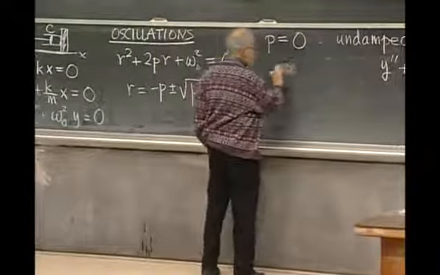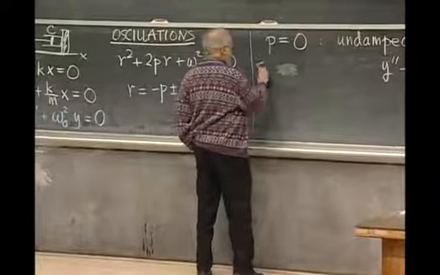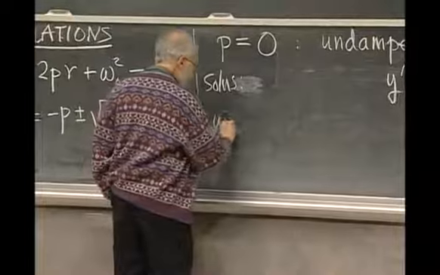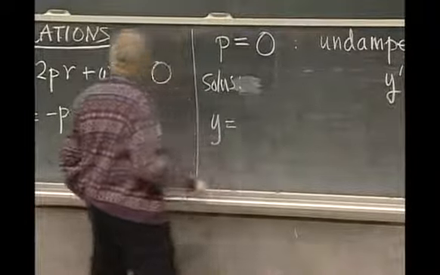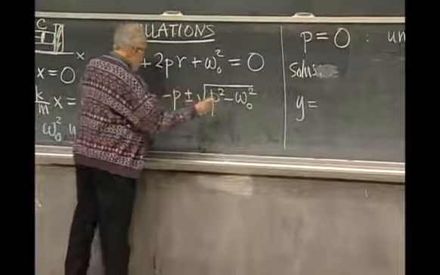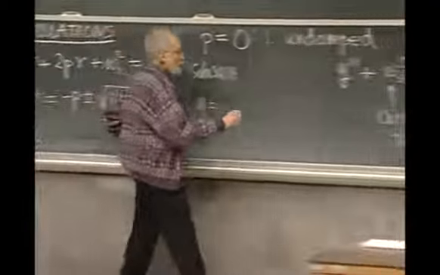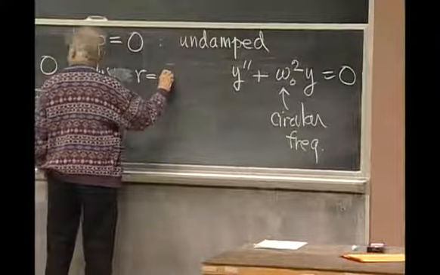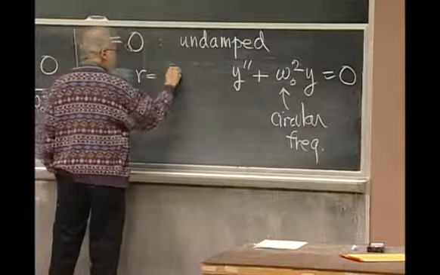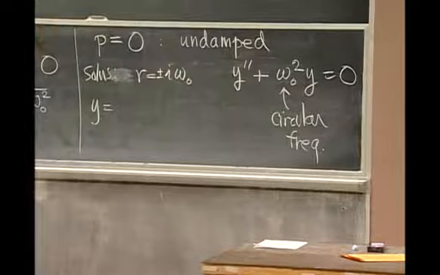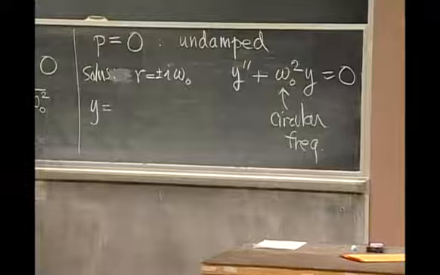Now, the general solutions look like y equals, in this particular case, the p part is 0, so r is equal to plus or minus omega naught times i, but as before, we don't bother with the minus sign since one of those roots is good enough.